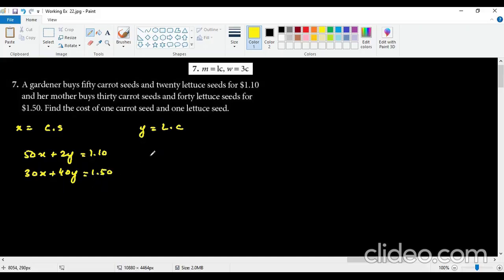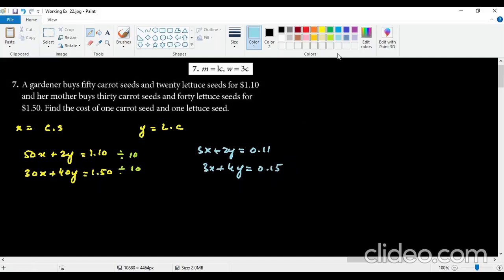Now to make things easier, I will be multiplying both the equations by 10. So the new equations are going to be 5x plus 2y equals 0.11, and the second equation is going to become 3x plus 4y equals 0.15. These are the two new equations.